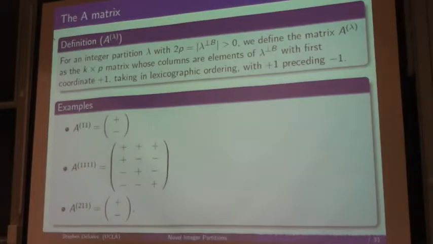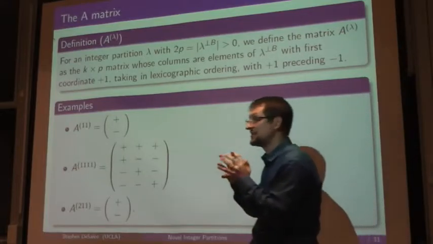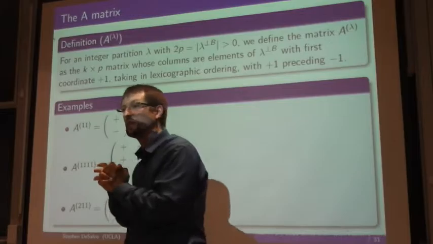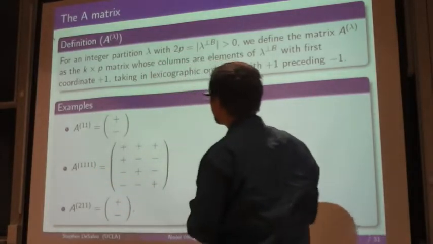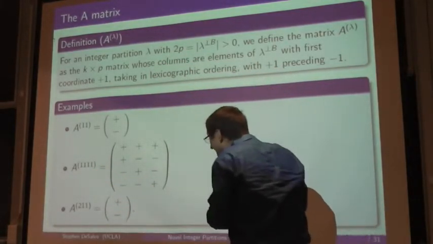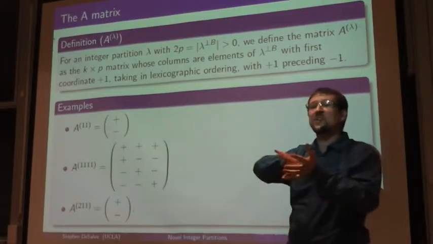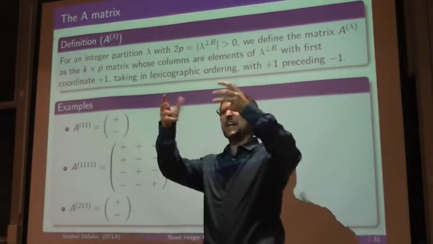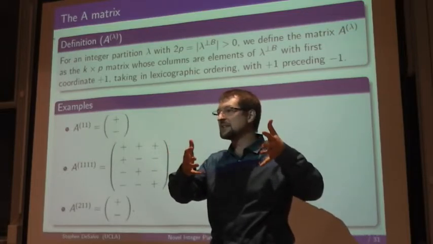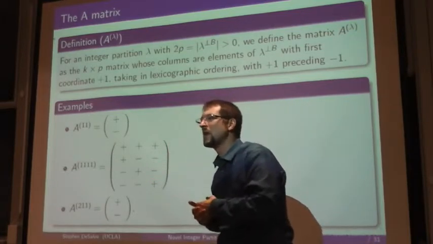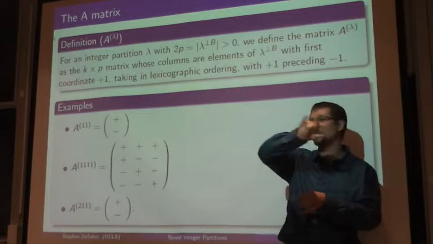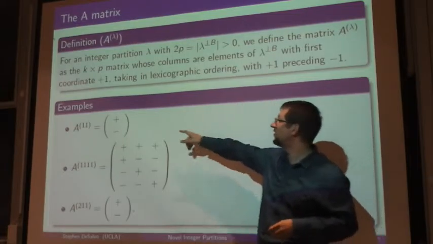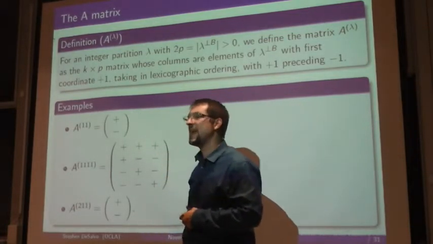Here is the beginning of the nice characterization of these novel partitions. So we're going to define this A matrix. And it's very simple. All we're going to do is get rid of the redundant information. So you have all the plus minus 1 combinations. The second half of it, starting with a minus sign, just get rid of those. Okay? And then interpret each of those rows as just a column of a matrix and call that matrix the A matrix.